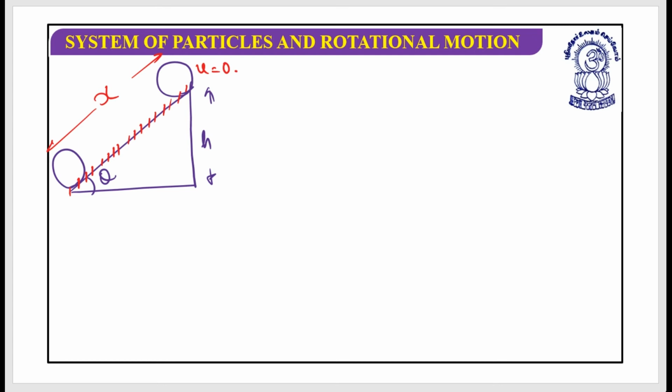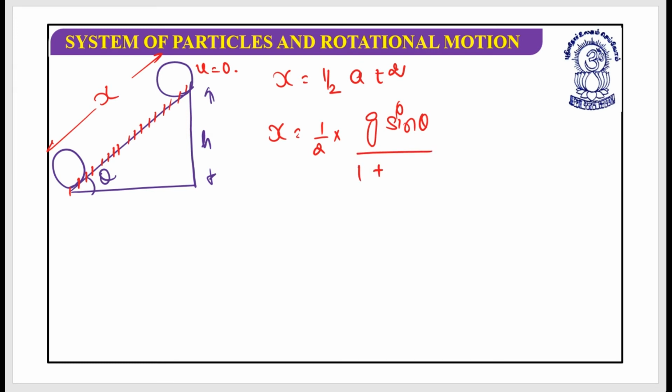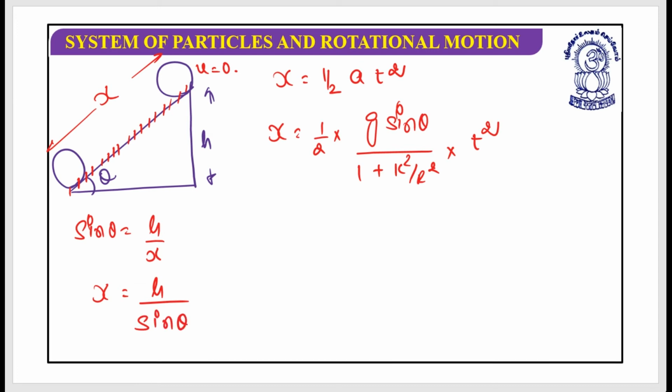So I can write x equals half a t square. This is x equals half into a, which we derived in the previous slide, g sine theta upon 1 plus k square by r square, multiplied by t square. So let's replace the x. We have sine theta equals h by x, so this x could be replaced by h by sine theta.